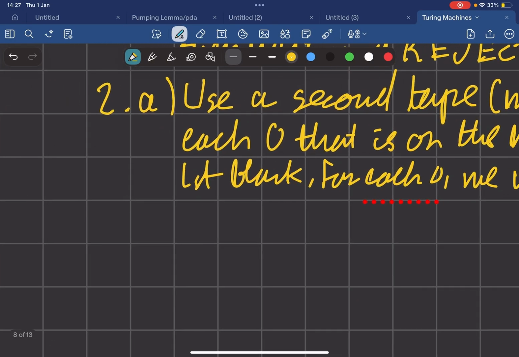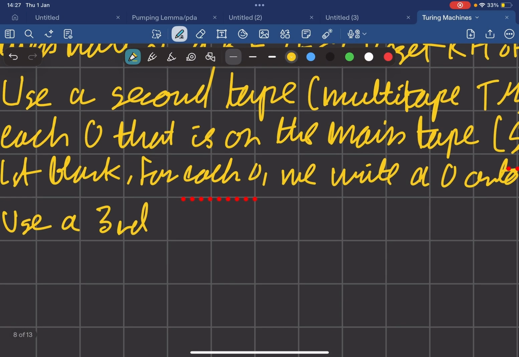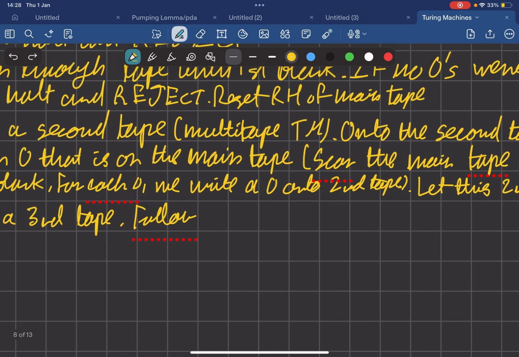Okay, let's do the same thing, but for ones. So use a third tape. Follow the same procedure as here, because I don't want to rewrite all that stuff.